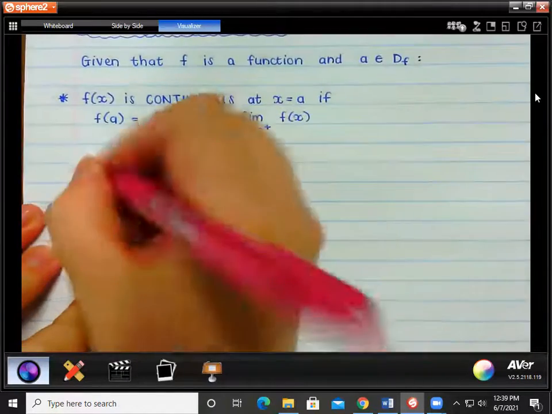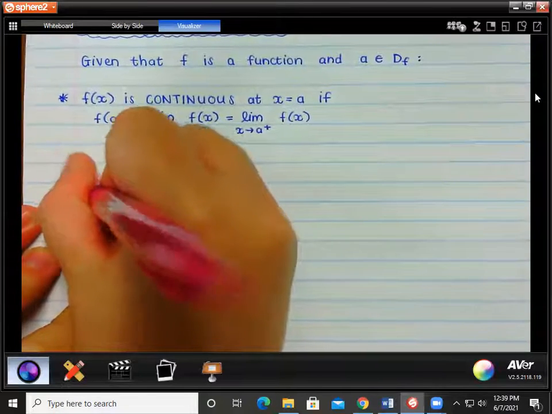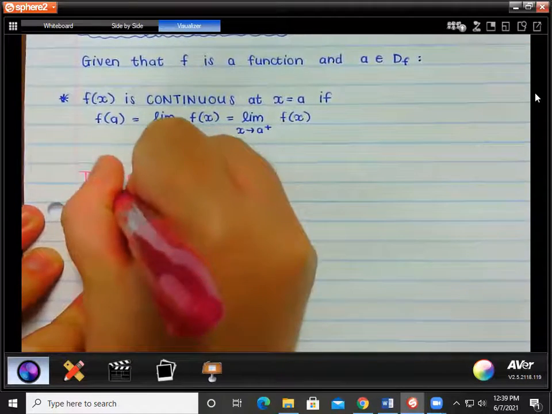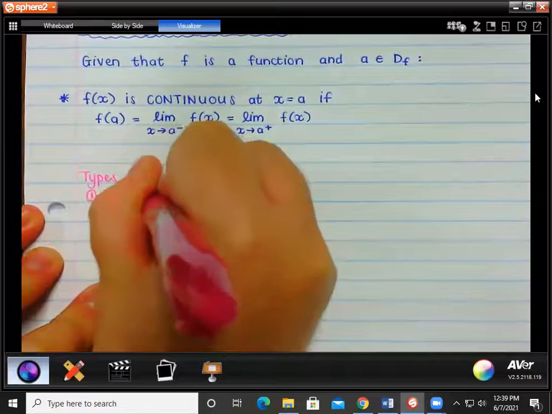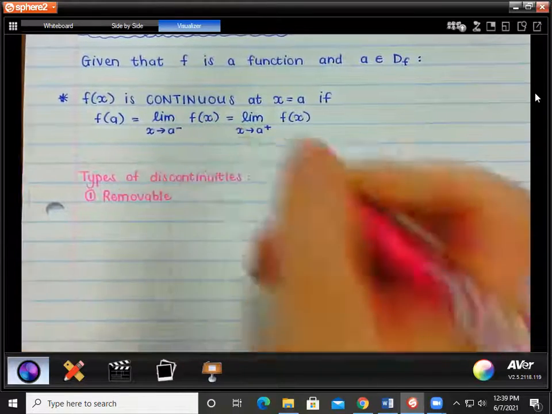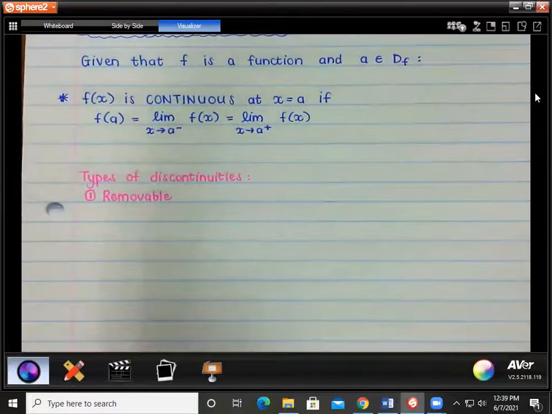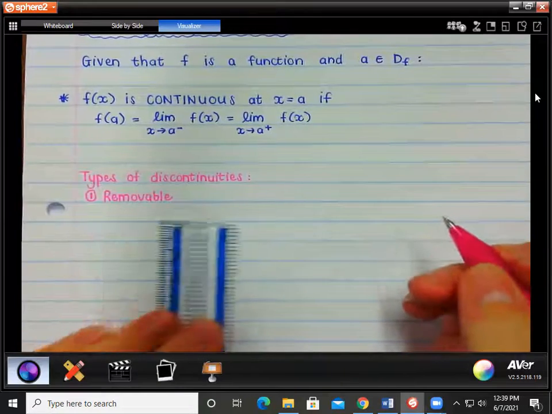All right, so types of discontinuities. The first one would be a removable discontinuity. Now, guys, I'm just going to draw a little graph here as well. It's not to scale or anything, just to remind you of what it looks like.